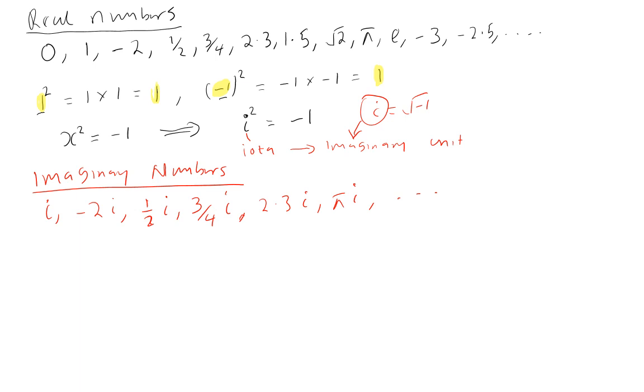Then another question is, what if we add these two kinds of numbers, the real numbers and the imaginary numbers? For example, 1 plus I. If you look at this, this one is a real number, this one is an imaginary number.